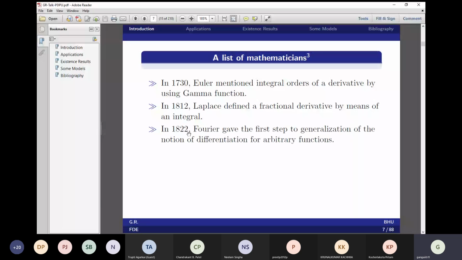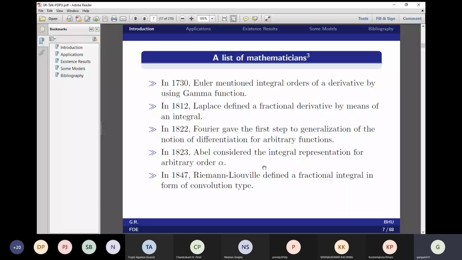In 1822, Fourier gave the first step to generalization of the notion of differentiation of an arbitrary function. In 1823, Abel considered the integral representation of arbitrary order alpha. In 1847, Riemann and Liouville defined a fractional integral in the form of convolution type.